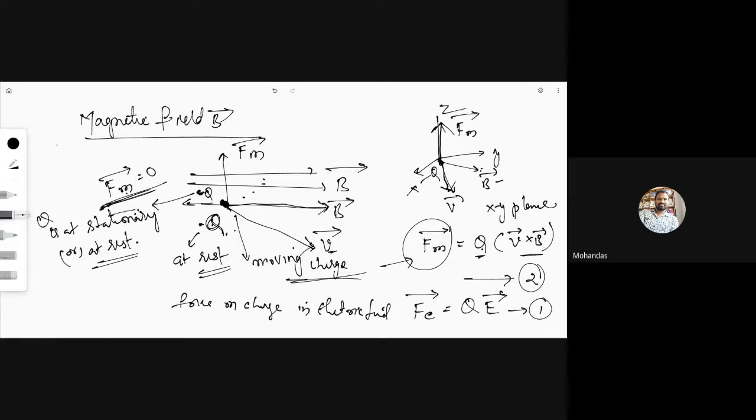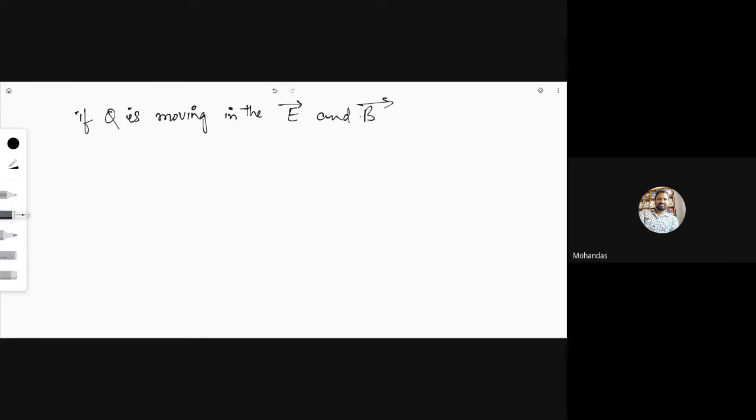Now, my question is, if Q is moving in the electric field E and magnetic field B, now both the fields, electric field and magnetic field, are there. Then Q is moving. Can you guess how many forces are exerted on the charge Q, which is moving in the presence of both the fields?